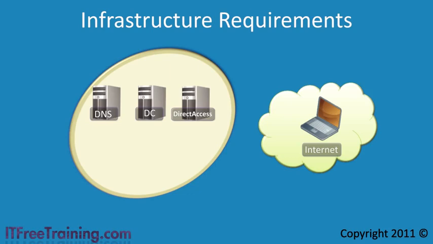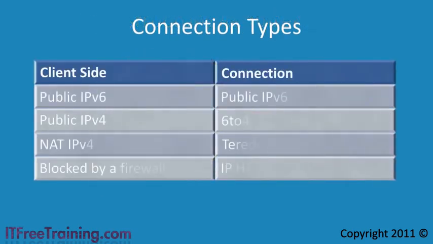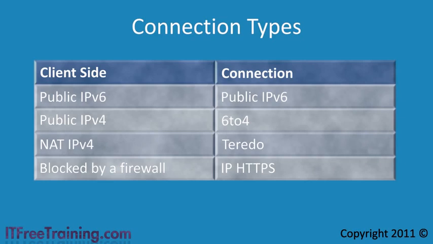Since the computer cannot connect to the company's network, it will now automatically attempt to connect to the corporate network using DirectAccess. If the client is using a public IP version 6 address, it will be able to connect directly to the DirectAccess server using the IP version 6 network.